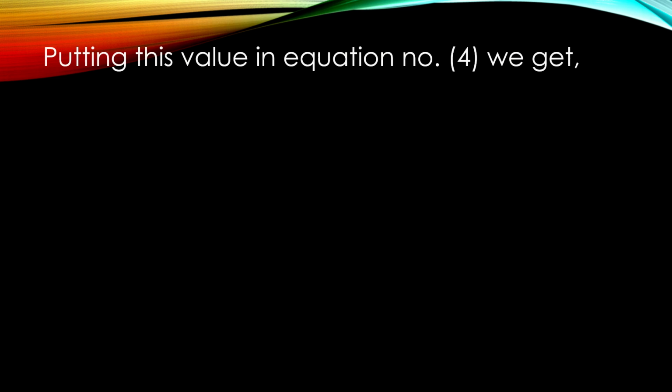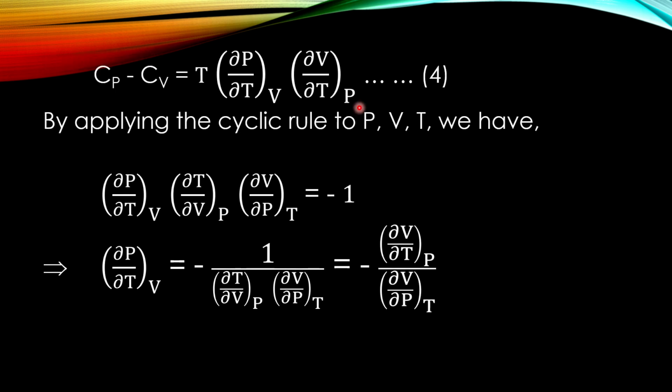So we have to put this value in equation number 4. Look, in equation number 4, we have this one, and the expression of this one, what we have got here? In place of (∂P/∂T)_V, we have to put minus (∂V/∂T)_P over (∂V/∂P)_T.